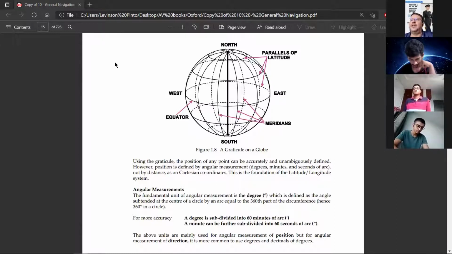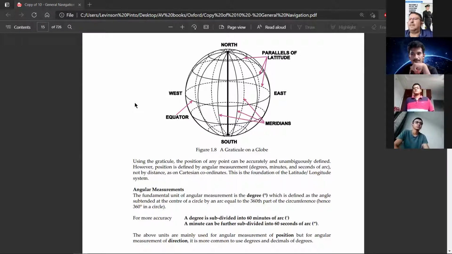Using the graticule, the position of any point can be accurately and unambiguously defined. However, position is defined by angular measurement, degrees, minutes, and seconds of arc, not by distance as on Cartesian coordinates. This is the foundation of the latitude and longitude system.